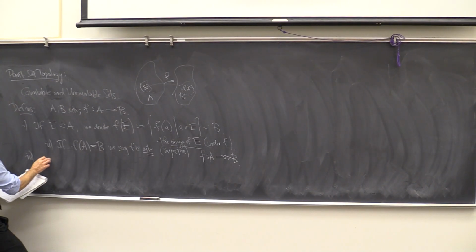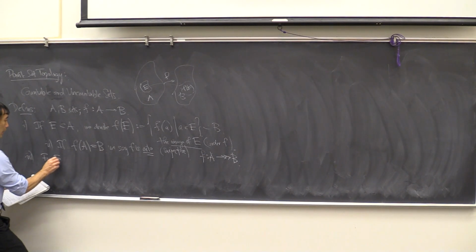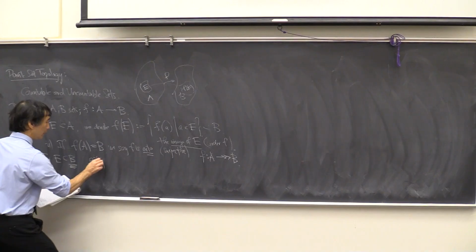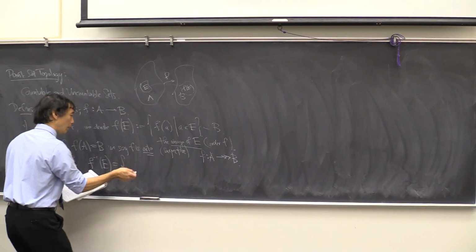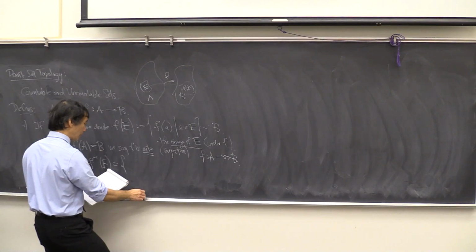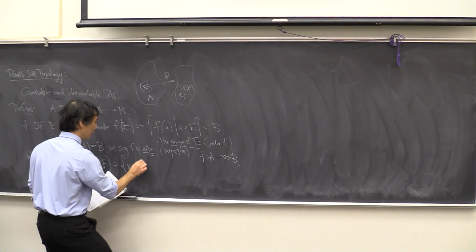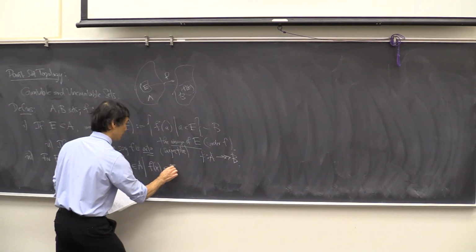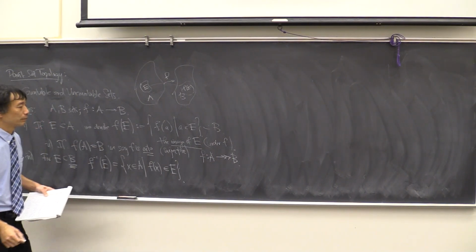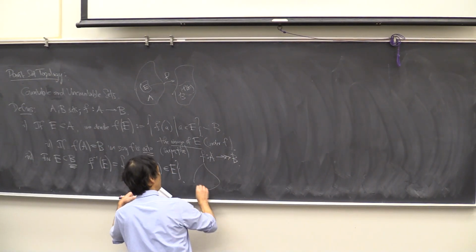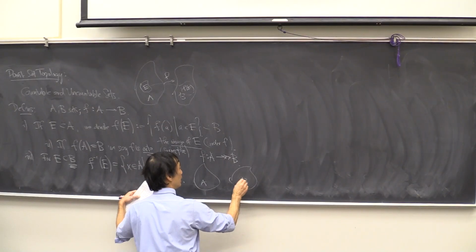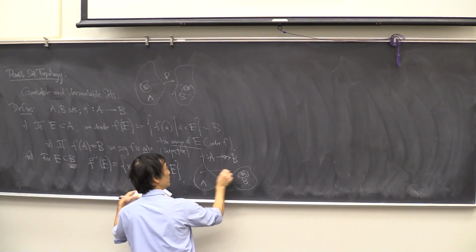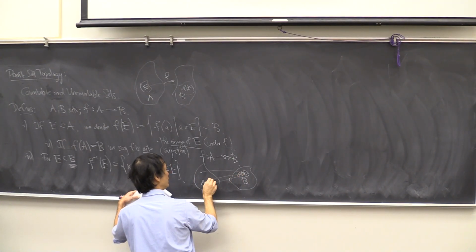Definition number 3. For E a subset of B, we write f inverse of E for all the points in A that get mapped into E. So here you've got A, you've got B, and you've got some subset E. You're looking for all the points that get mapped into there.